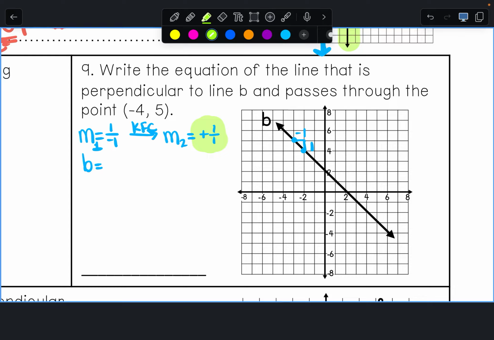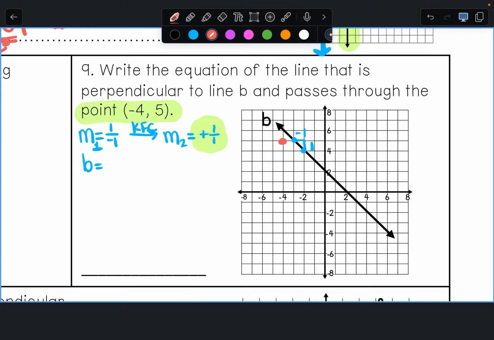Yes, you can use point slope to find the y-intercept, or what you can also do is plot that point. So we're going to plot negative 4, 5, which is basically right beside the line. Anyway, it's basically right there. And from that point, I'm actually going to change colors.